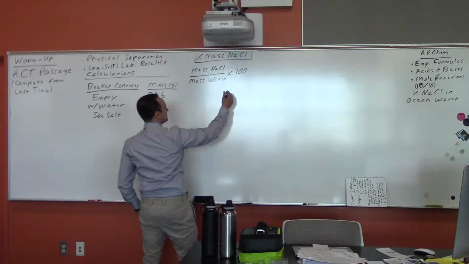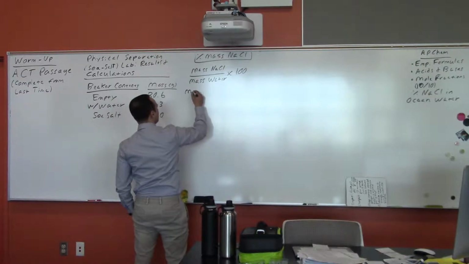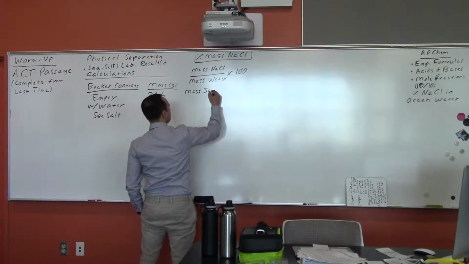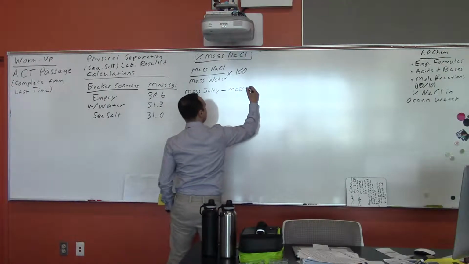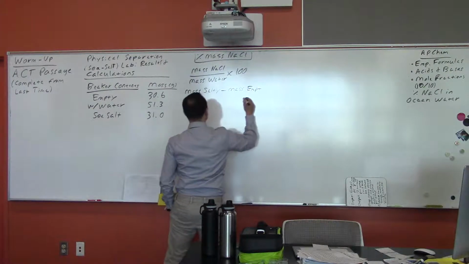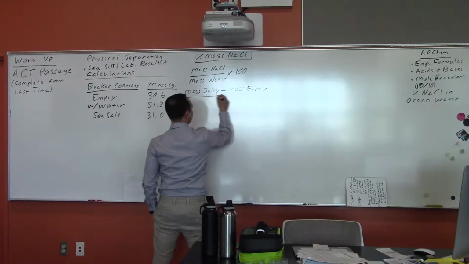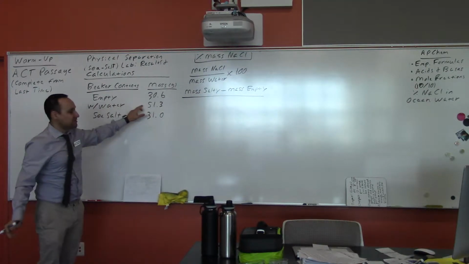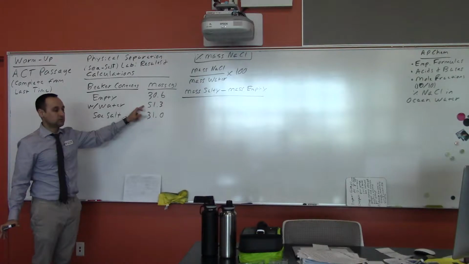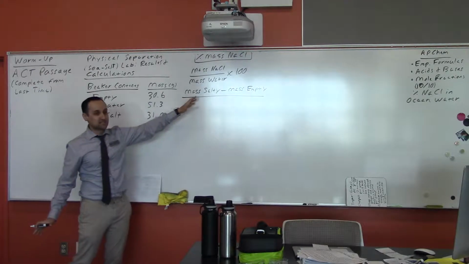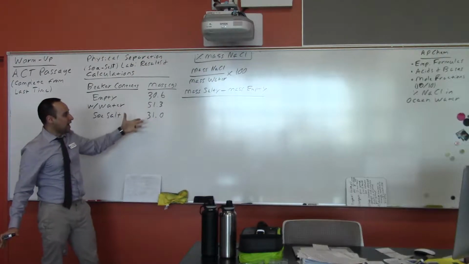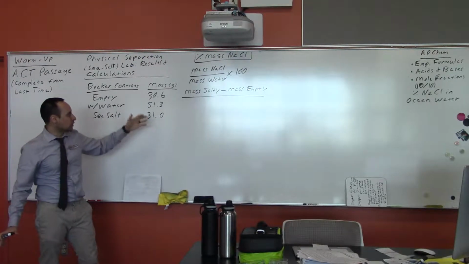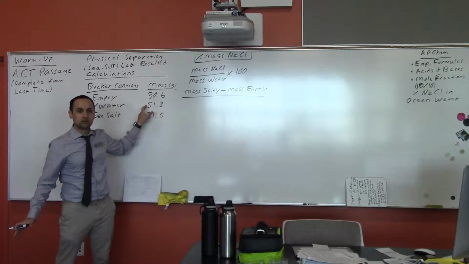So the way this calculation works is it's mass salty minus mass empty divided by, now how do you find the mass of the water? To find the mass of the salt, we said mass of salty beaker minus mass of empty beaker. How do you find out how much mass of water, ocean water, was in your beaker here?